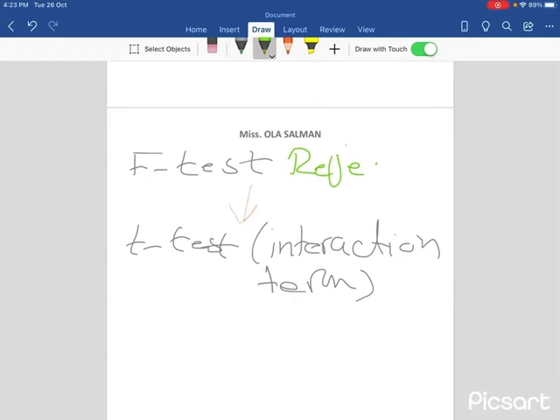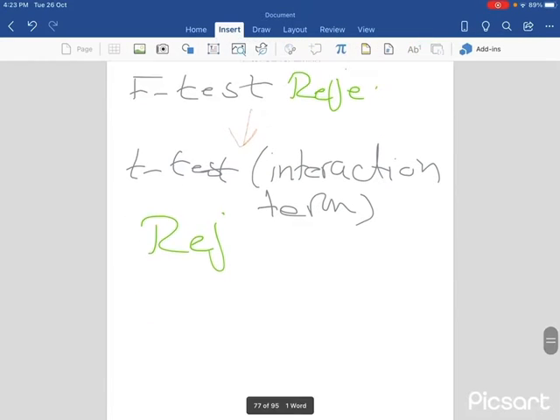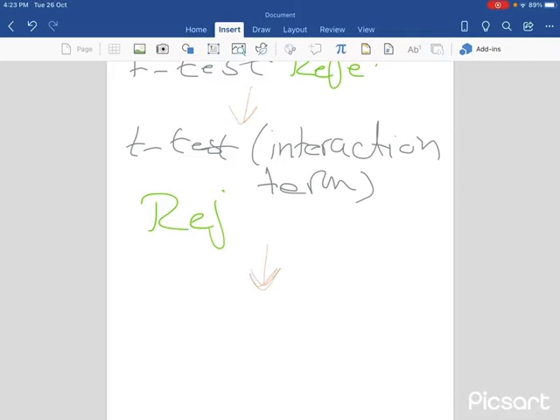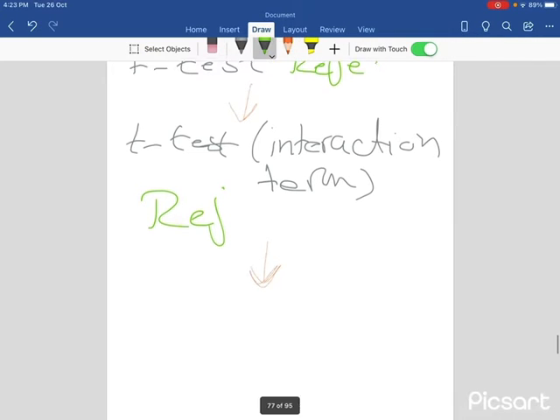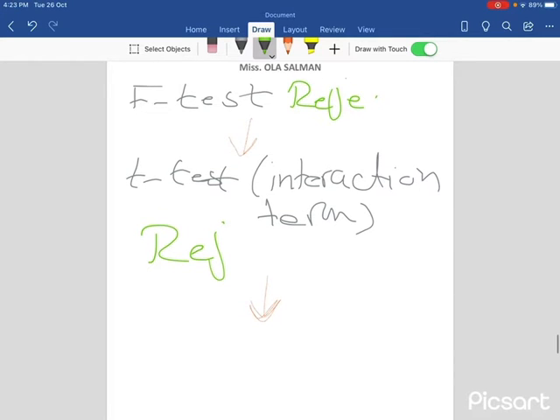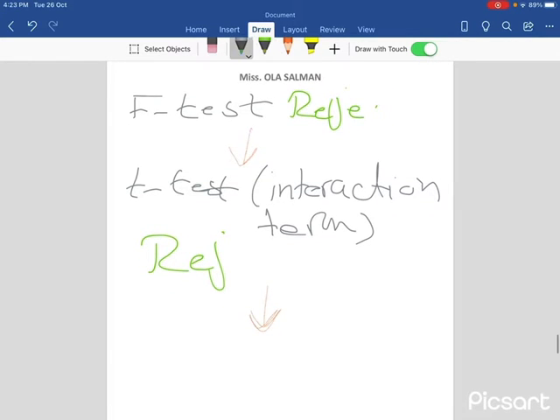If this interaction term rejects, that means it is important. So when it rejects, you will stop here.